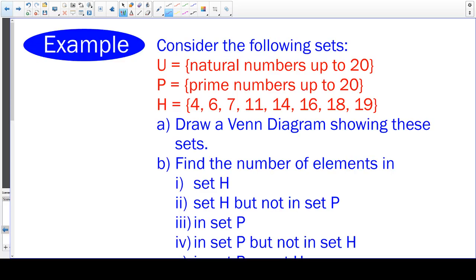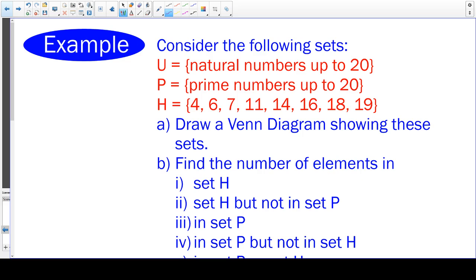Example. Consider the following sets. The universal set is defined as natural numbers up to 20. So that's 1, 2, 3, 4, 5, 6, 7, 8, 9, 10, 11, 12, 13, 14, 15, 16, 17, 18, 19, 20. Those are universal numbers. P are the prime numbers up to 20.